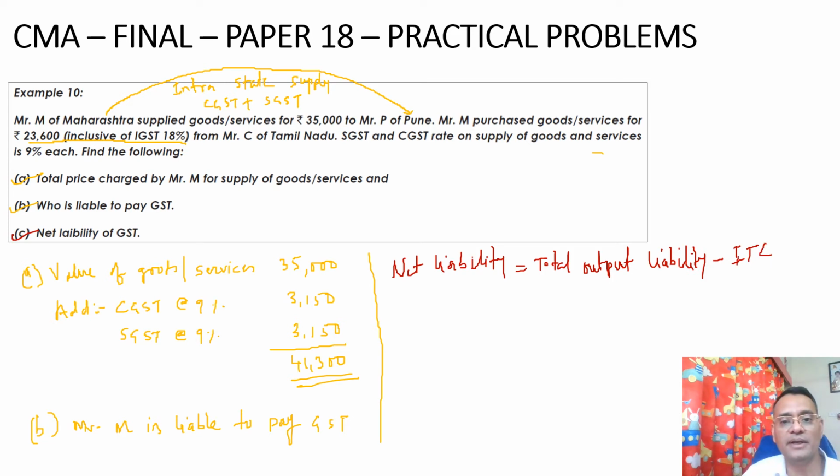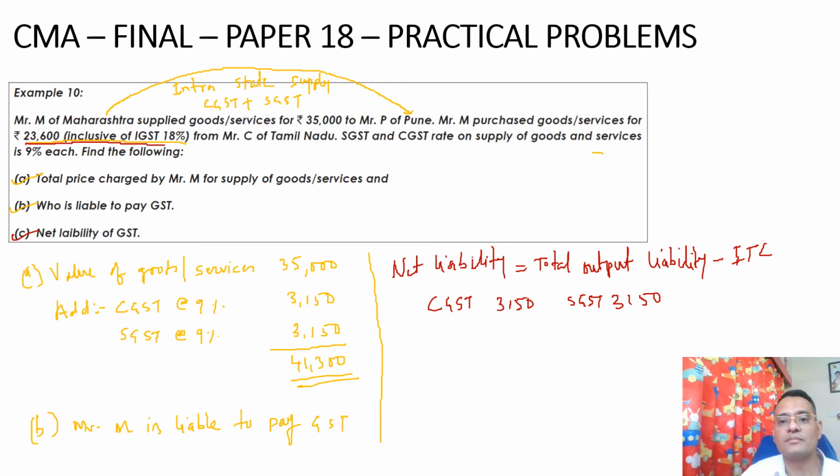So output liability is CGST 3,150, SGST 3,150. Now he will get a credit of this amount, which is inclusive of 18% IGST.